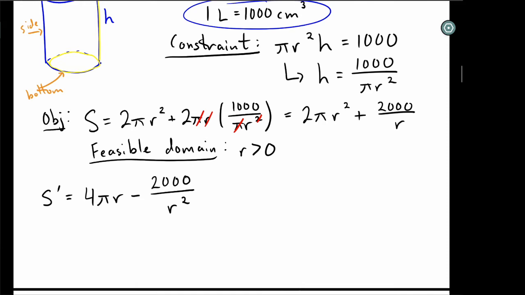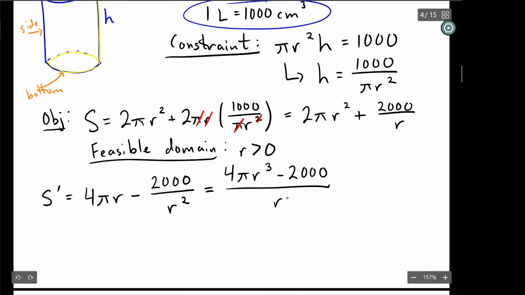What will make our life a little easier here is to combine this into one fraction. If we combine this into one fraction, we have to multiply this part by r squared over r squared, and that's going to give us 4 pi r cubed minus 2,000 over r squared.